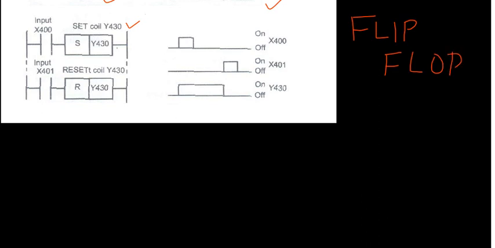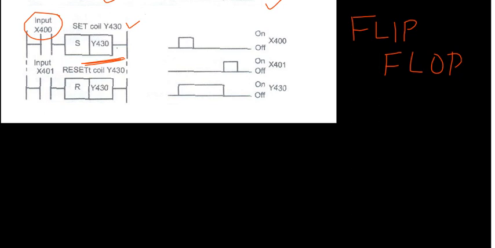Now see here, if you look at this diagram, the first one is the set coil. Of course, the input does not require any explanation. So now please try to understand the syntax or the structure of these things. Set coil, which is Y430, and its representation is something like this.